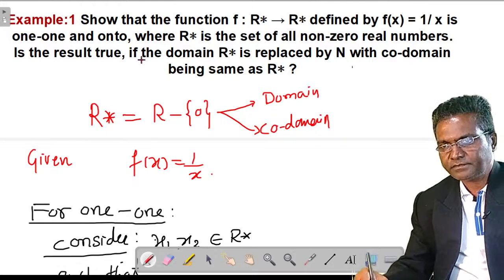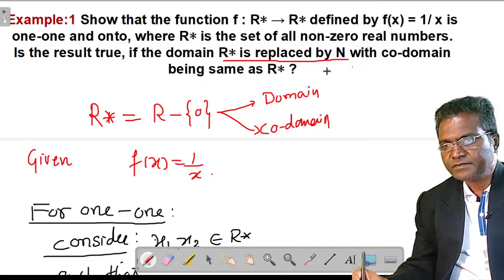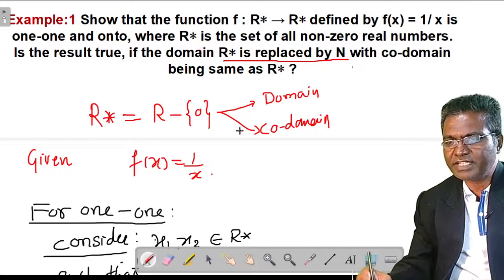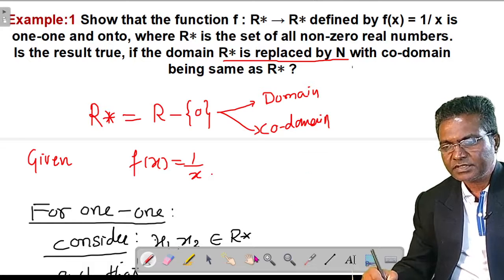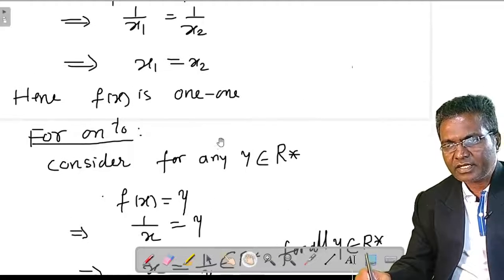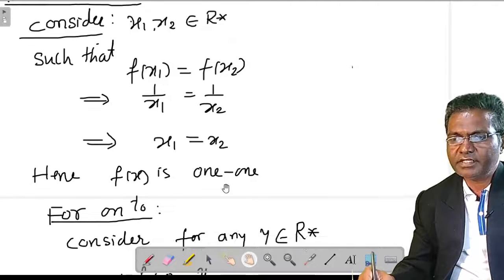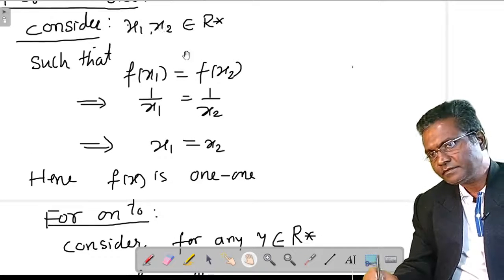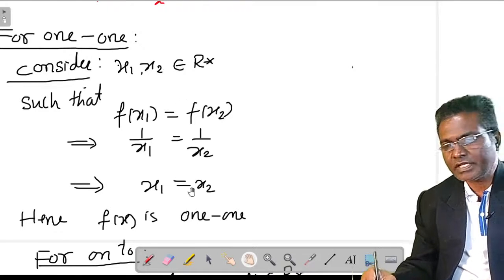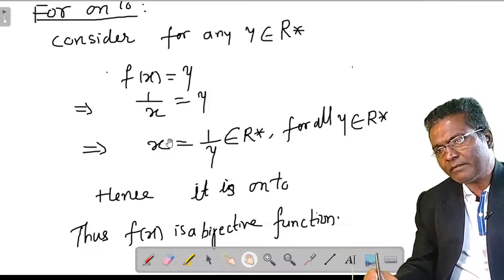Look here, if R star is replaced by N with the codomain being the same, codomain same and domain is N. Now for one-one, if you take x1, x2 belongs to N, x1 equal to x2 will follow.